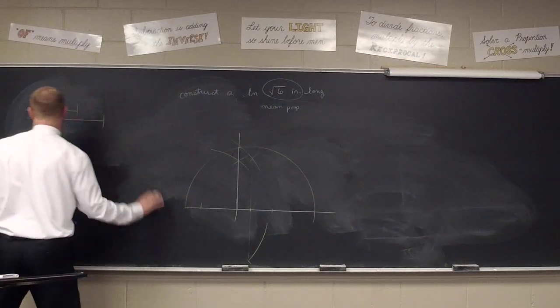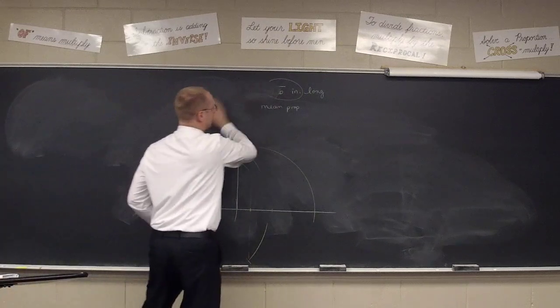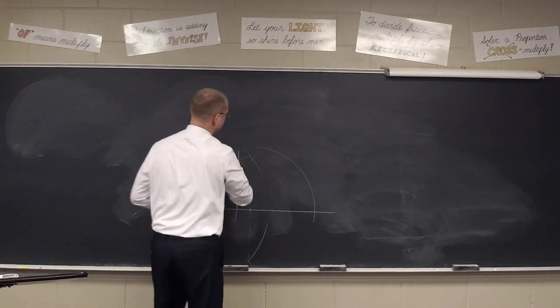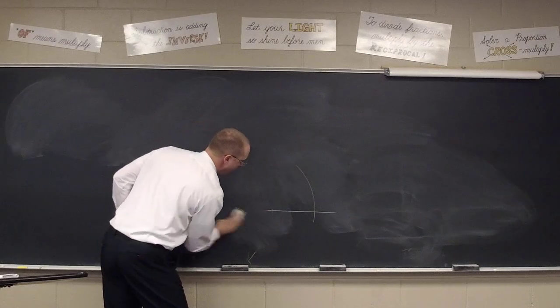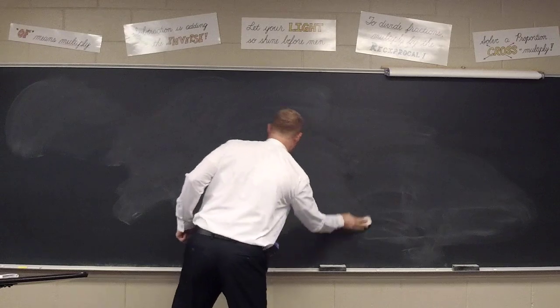Construction 20. And this is something I referenced when we talked about theorems 66 and 67. We're finally getting around to it here, and that's the construction of a polygon similar to a given polygon.